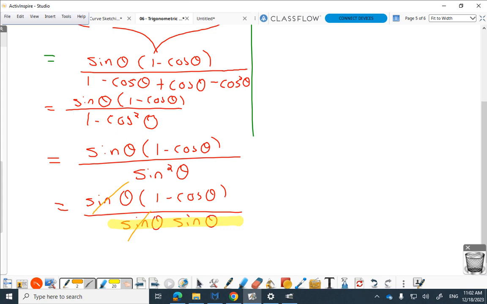And then what was left is 1 minus cos over sine theta. Left side equals right side. Therefore, true. Woo! It's tough to know what to do and why to do it in that one, let me tell you.